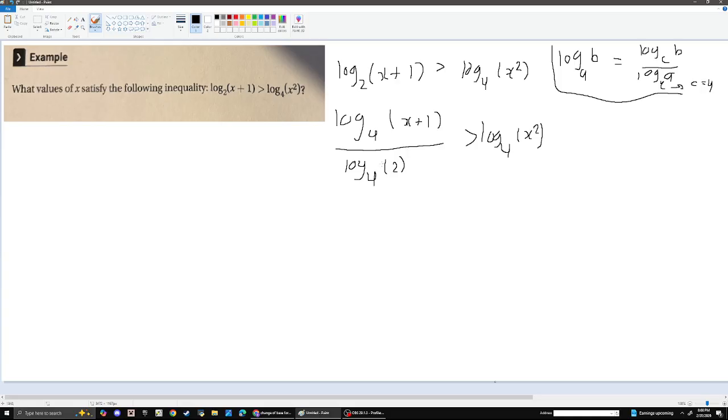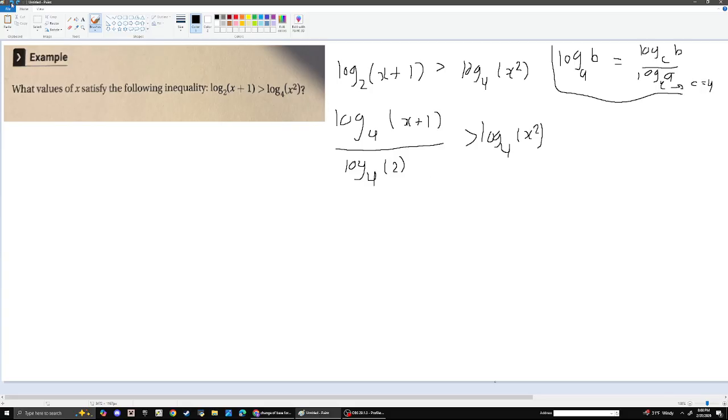Alright? So, log base 4 of 2, let me think. Yeah, log base 4 of 2 is going to be equal to 1/2, because 4 to the 1/2 is equal to 2, right? That makes sense.